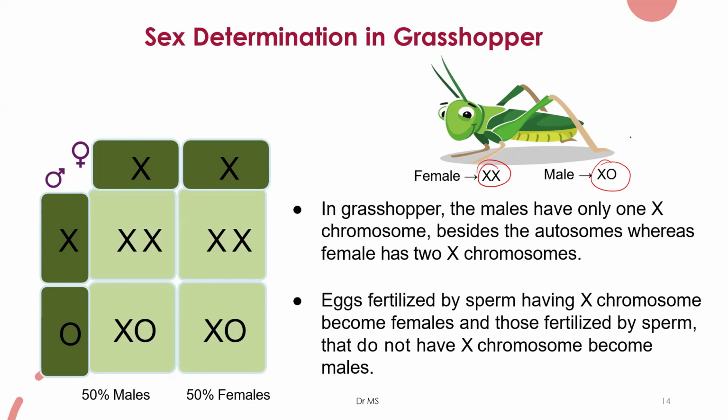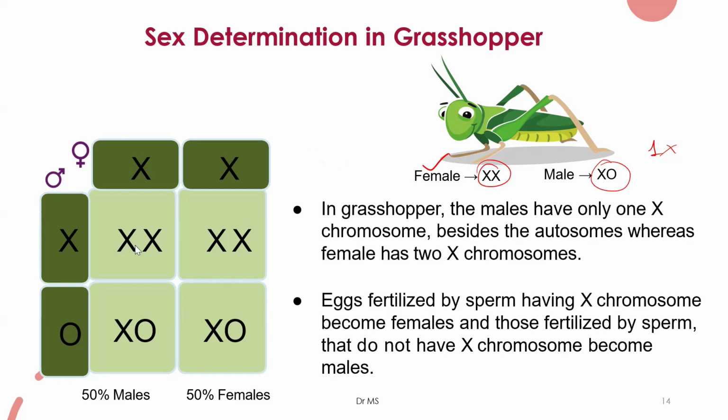Remember that the female has XX chromosomes, whereas males have only one X chromosome. There is no second chromosome here. So in grasshopper, the males have only one X chromosome besides the autosomes. If it is only one X chromosome, we call it male. If it is two X chromosomes, we call it female.